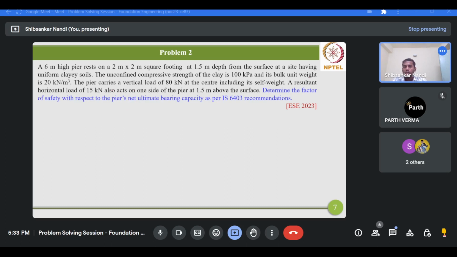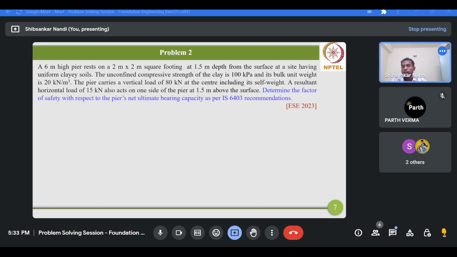So this problem is basically taken from Engineering Service Examination 2023, and it's mentioned like this: a 6-meter high pier rests on a 2 meter by 2 meter square footing at 1.5 meter depth from the surface at a site having uniform clay soils. The unconfined compressive strength of the clay is 100 kPa and its bulk unit weight is 20 kN per meter cube.